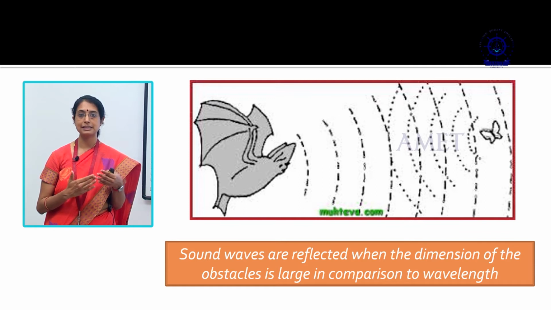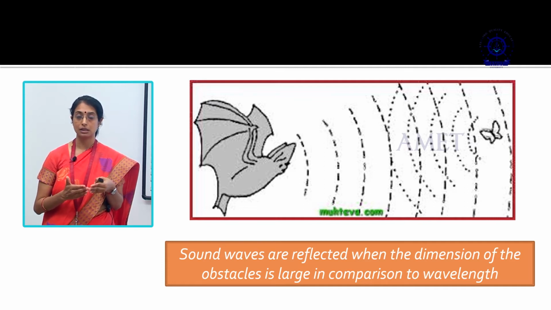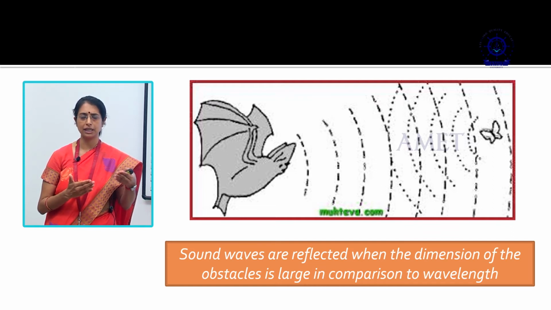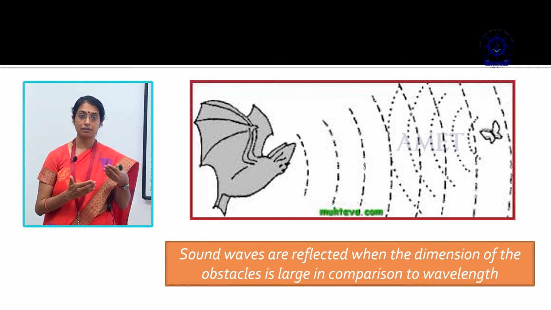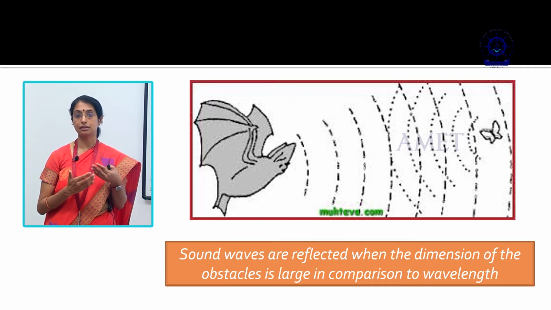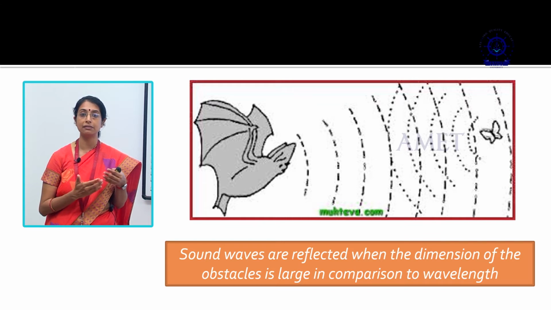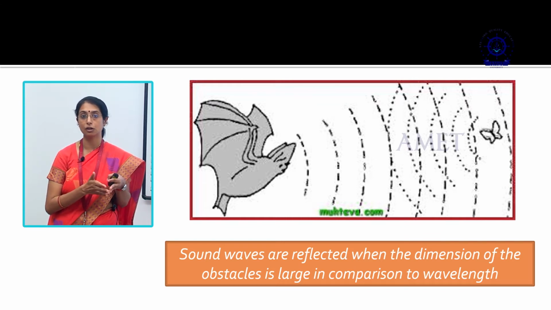It sends very high frequency sound waves, which you call ultrasonic waves, which have a frequency greater than 20 kilohertz, and when these sound waves hit any obstacle, say for example a butterfly or an insect, these sound waves are reflected back, and the reflected sound is again detected by the bat, and it helps it in identifying that there is an obstacle present and the bat has to escape without hitting the obstacle.